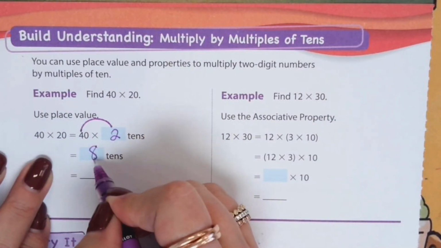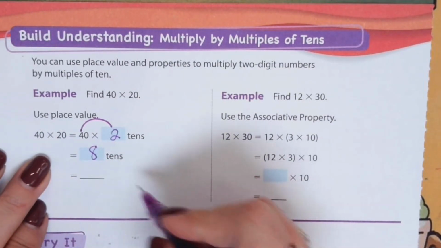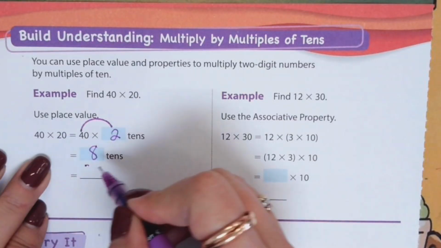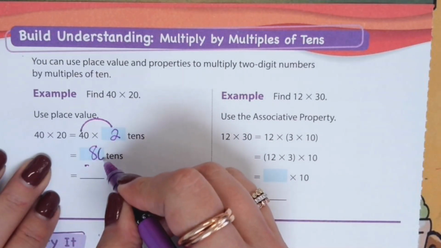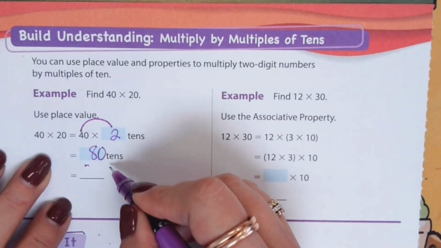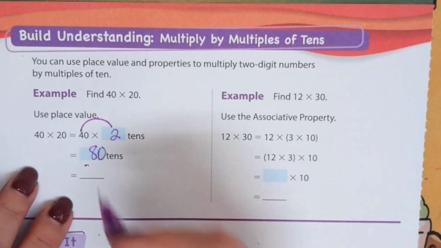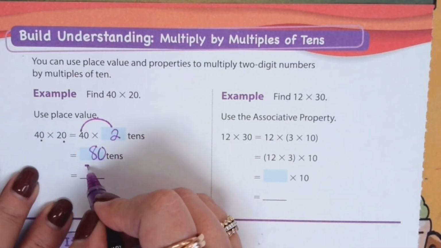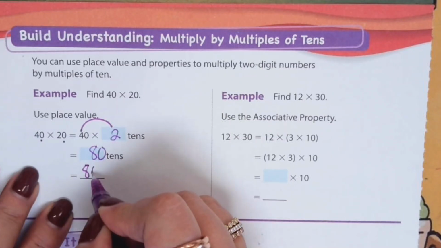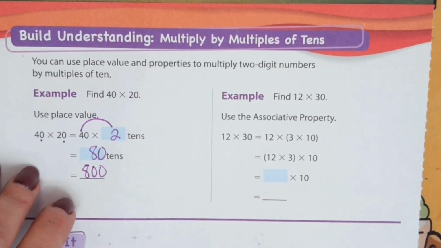So this is equal to 8 tens, which is the same thing as saying what? 80 tens. I'm going to put 80 tens here. How many zeros am I going to write over here, though? 2 zeros. Why? Because our factors have 2 zeros. So 80 tens is equal to 800.